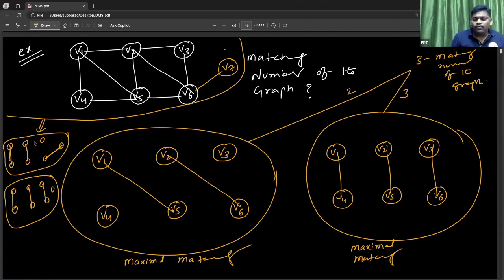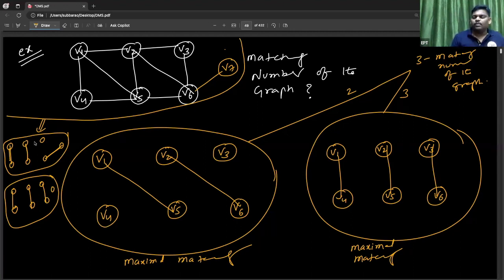If the graph doesn't have edges, from where will I bring them? So it depends upon so many parameters, right? For every graph, perfect matching need not be possible.